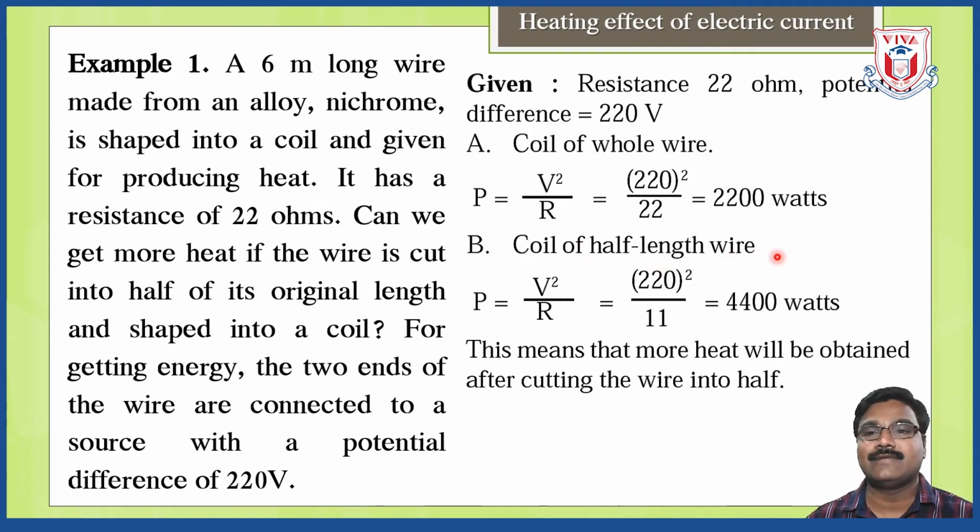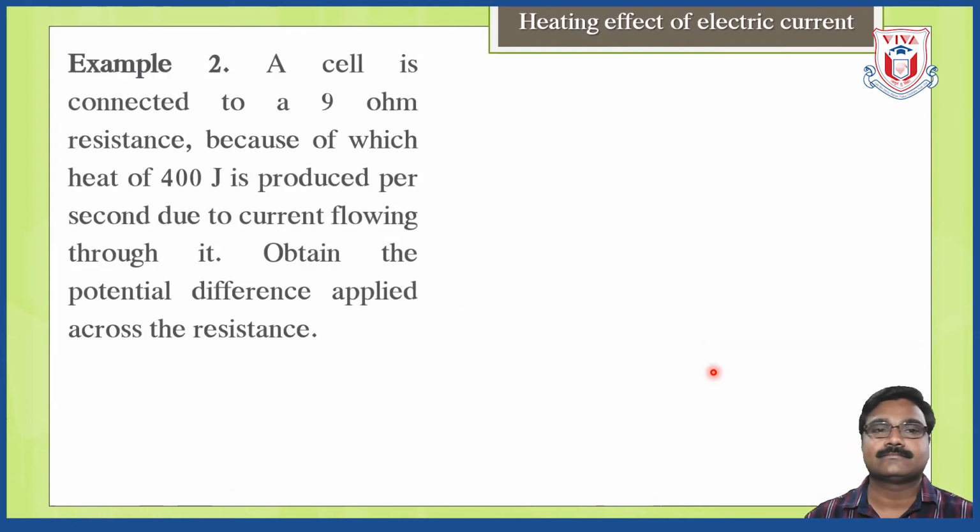If a coil of half length is made, then P is equal to V square upon R, which is equal to 220 square upon 11, which is 4400 watt. By comparing the values of both the powers, we can say that more heat will be obtained after cutting the wire into half. That means if we cut the wire into half, we will get more energy.